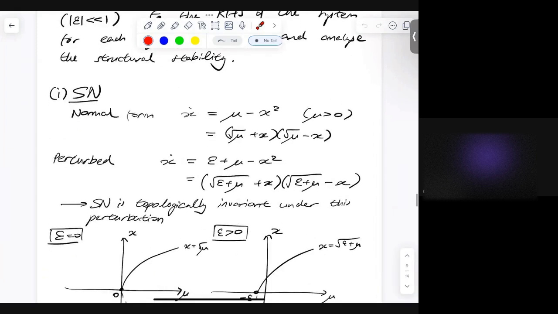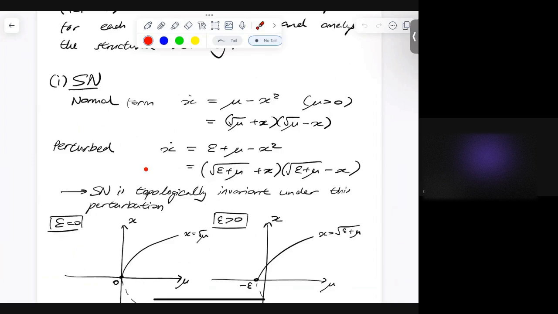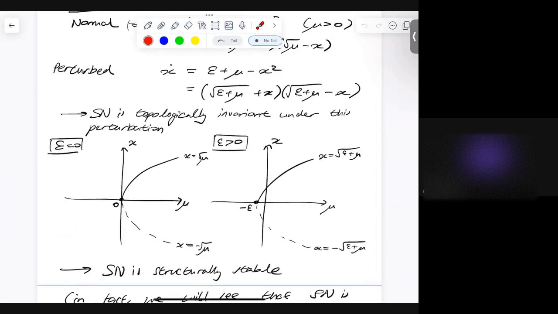If we were to then perturb the system to analyze the structural stability, so let's add a small epsilon, positive in this case, to the right-hand side. And we can do the same thing here where we factorize it as the difference of two squares. And if we plot that in the mu x plane, we get something that looks like this, which is topologically the same as the case where epsilon is equal to 0.